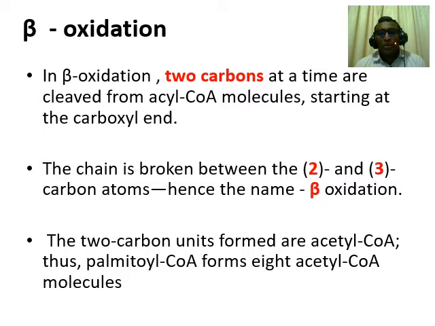That's why it's known as beta oxidation. If a fatty acid such as palmitate or palmityl-CoA undergoes beta oxidation in series, you will have 7 beta oxidation steps, and it will lead to 8 acetyl coenzyme A from palmitic acid.